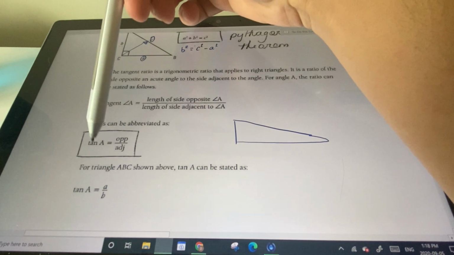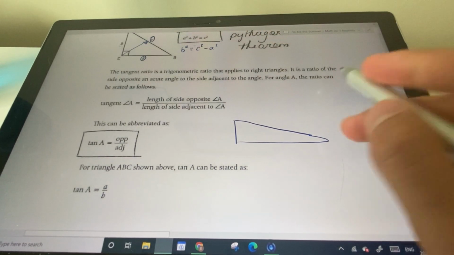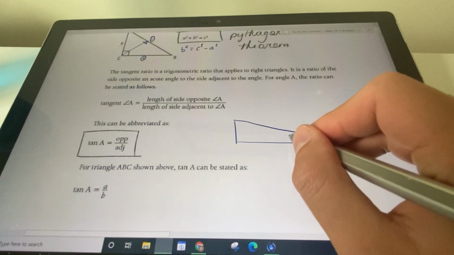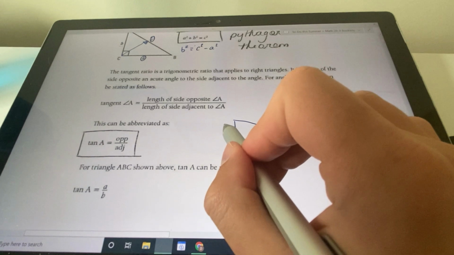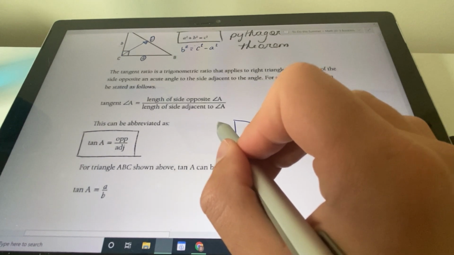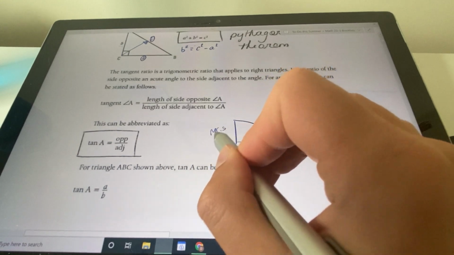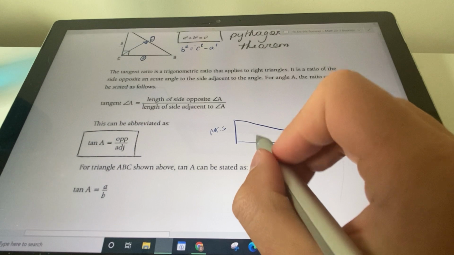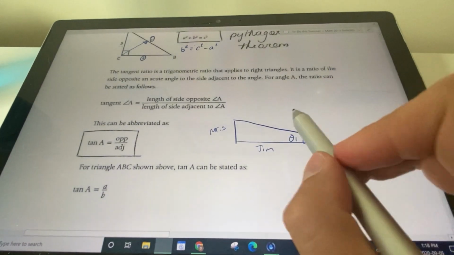This is an angle here, okay? These are the side lengths. Now, if we're talking about this angle, angle 1, let's name this side length Mr. Scaber, and this side length Jim. So Mr. S and Jim.